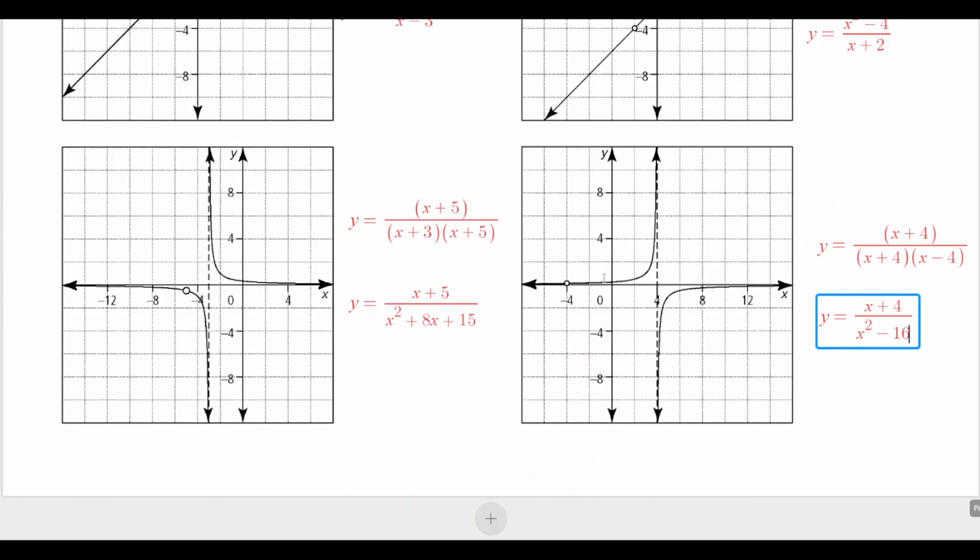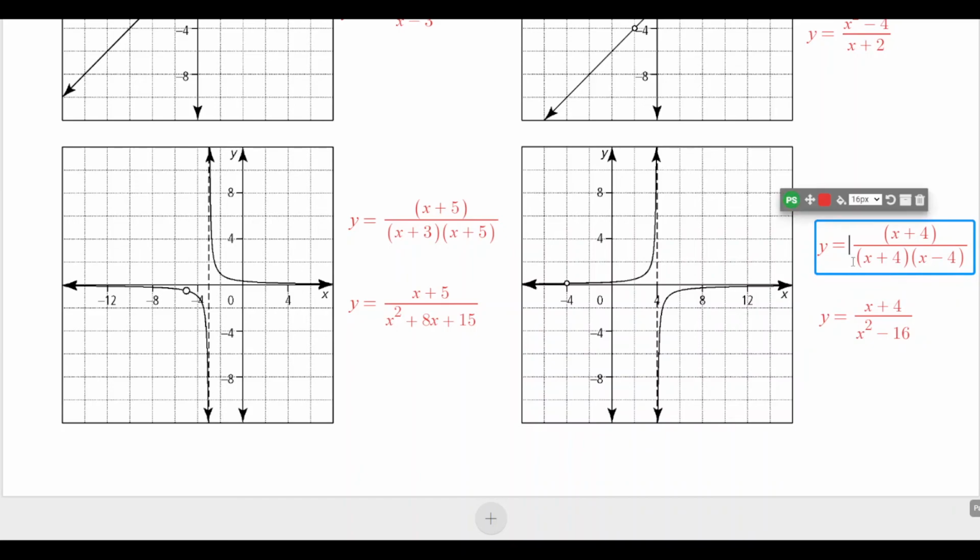So what I need to do is basically flip this whole thing around, and I can do that by multiplying everything by -1 essentially. So I can either put that in the numerator or the denominator. I'll go ahead and put it in the denominator.